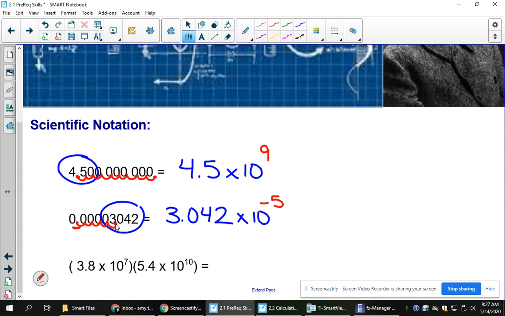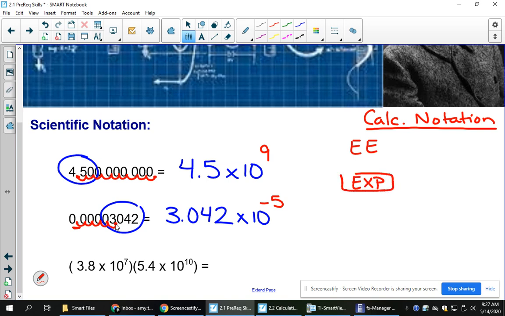Now, let's do a note about the calculator notation. So, depending on which calculator you were using, the button either did this or this, okay? Casio and TI. Now, these are solely calculator notations.